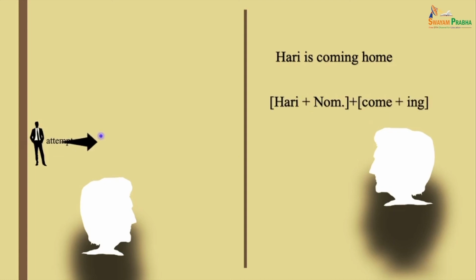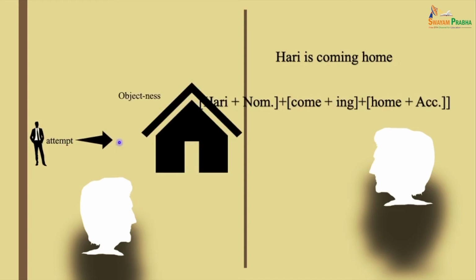And then the next one, coming, is this kind of a movement towards the hearer or the speaker for that matter. And then you have finally home, which is home plus accusative. And what is the meaning of the accusative ending? It is basically objectness. So it denotes the object. So you have harihi gruham agachati.